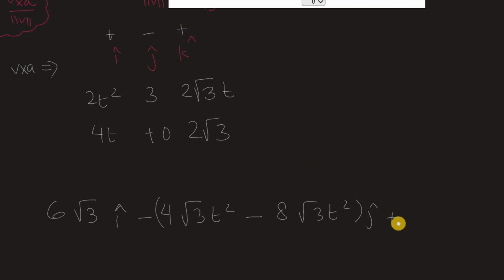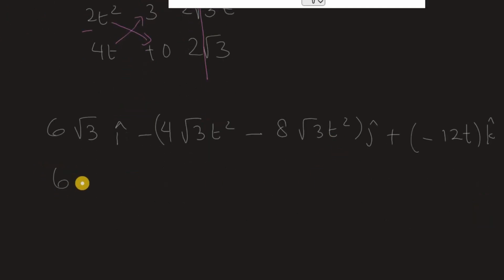Next we have a positive over here for the k hat, and for the k hat we're gonna cross out the kth column and the kth row. Now we can multiply in this direction from top to bottom, and negative bottom to top. Okay, so this is gonna give us 0, and then we have negative this times this. So what is negative this times this? So we have a negative, and then we have 12t, and this is k hat.